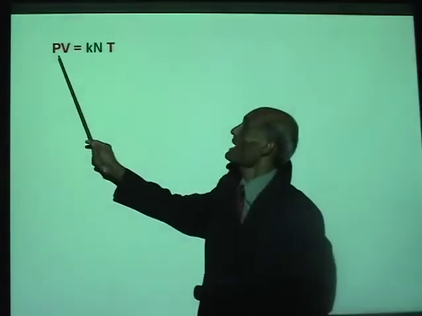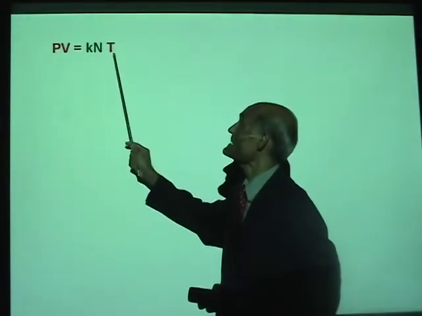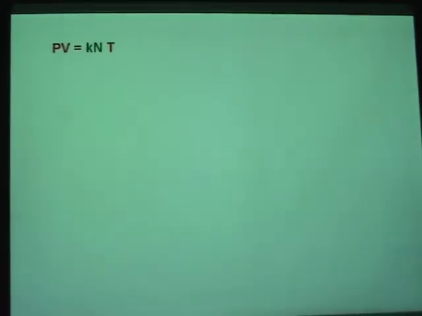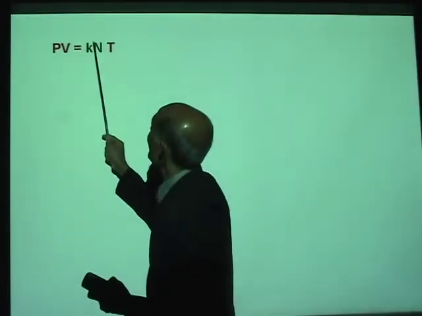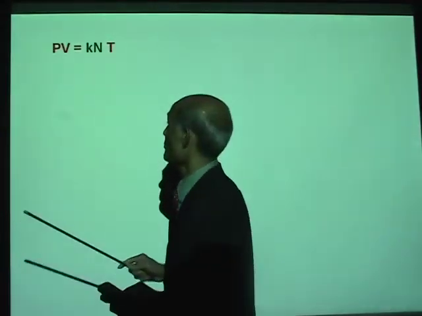Now, what we have seen is PV equal to KNT, where I gave you the value of K. You don't need to remember that value. Whenever you need it, I will give it to you. Tell me one more time, what is N equal to? N is the number of molecules.